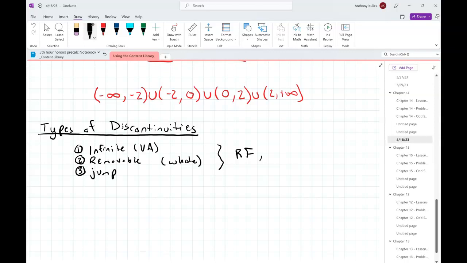For both of these, they are the places where the denominator equals 0. The trick is going to be telling them apart. So let's look at an example, and we'll explain how to do this in a second.